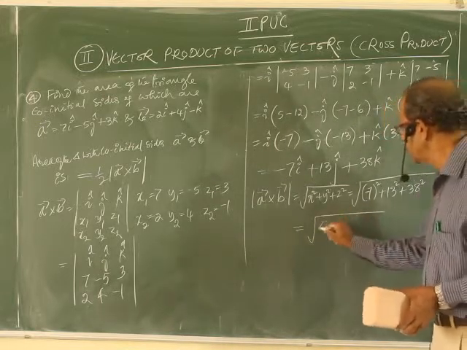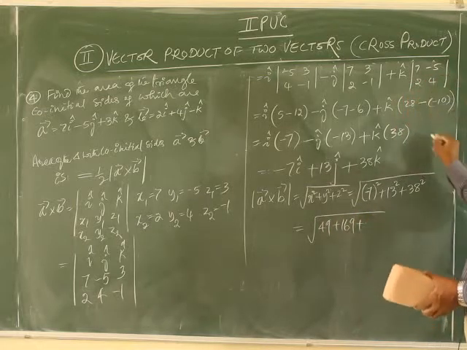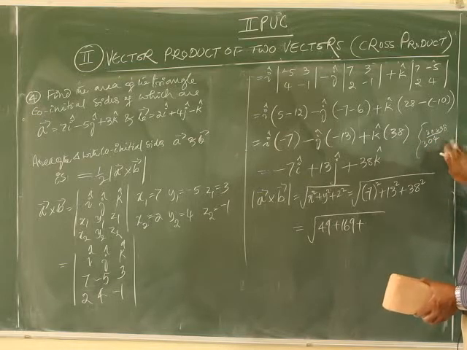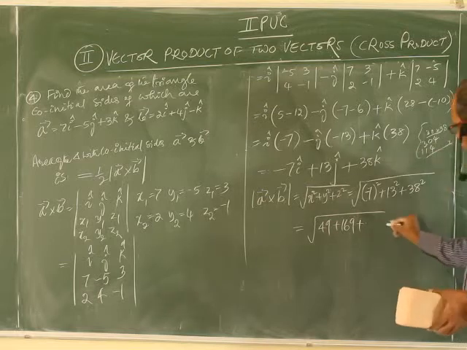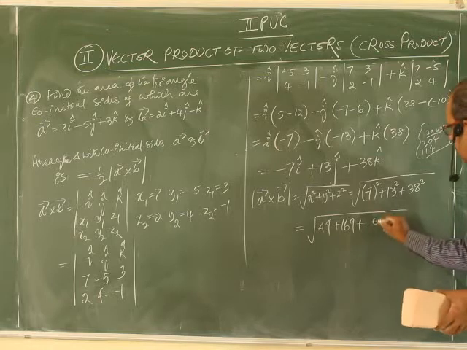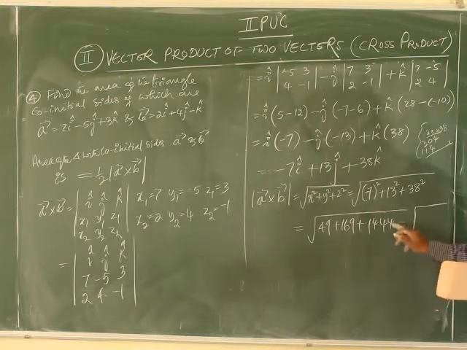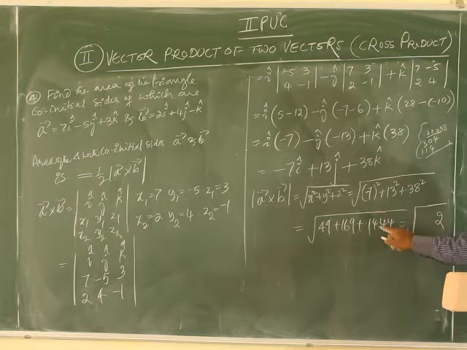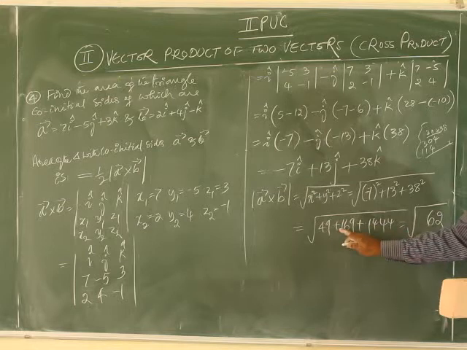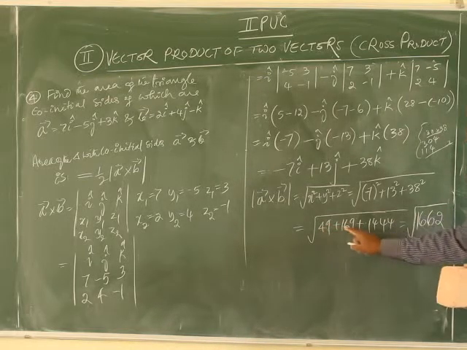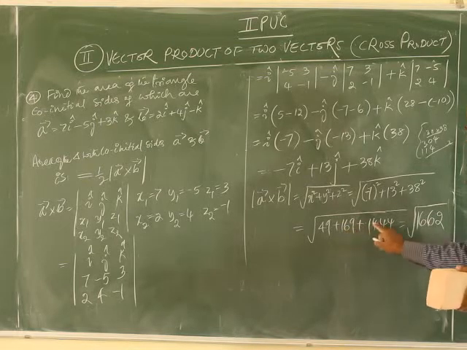Let me calculate it carefully. 49, 169, and 1444. Equal to root 1662.